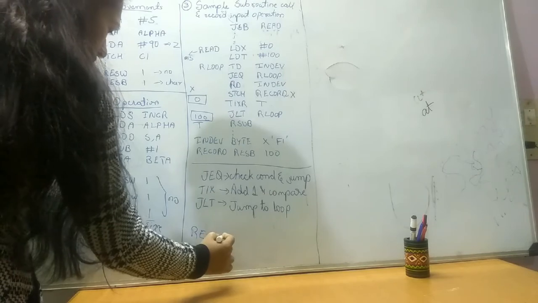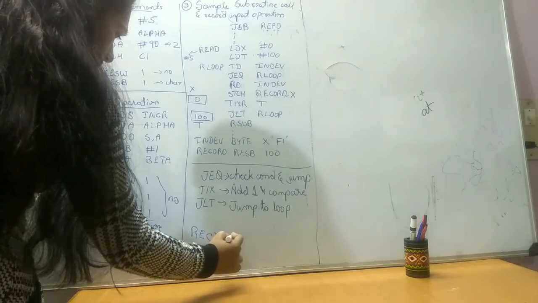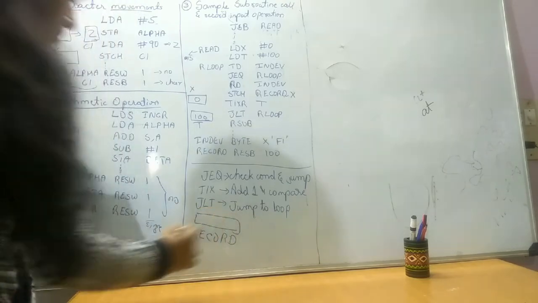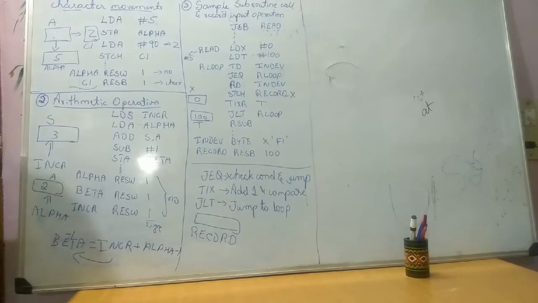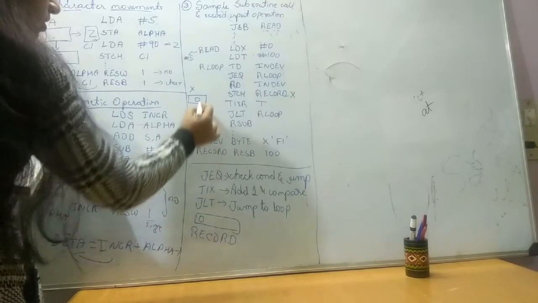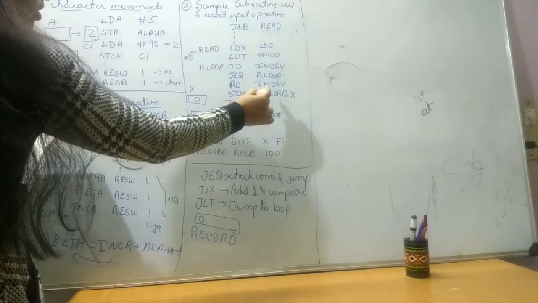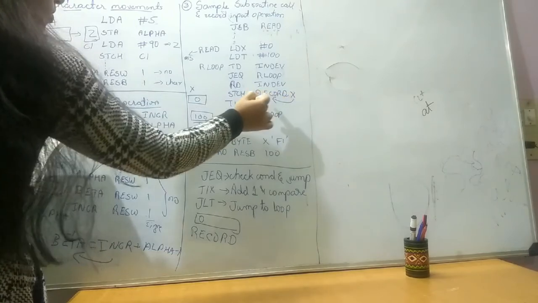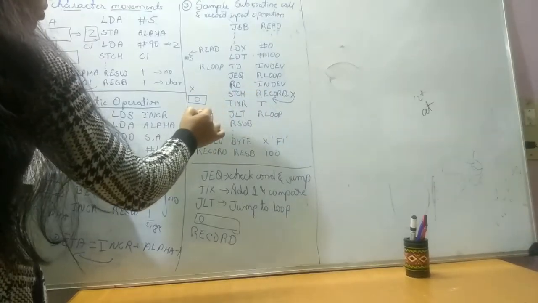Record is a reserved byte area of maximum size. It will be stored here. So STCH stores the data byte into the record. Whatever X is there, that will be used to store into the record.